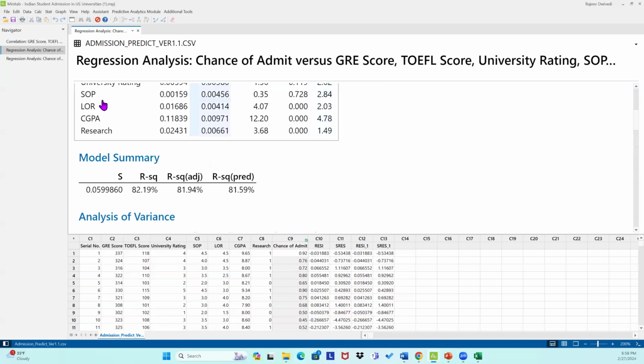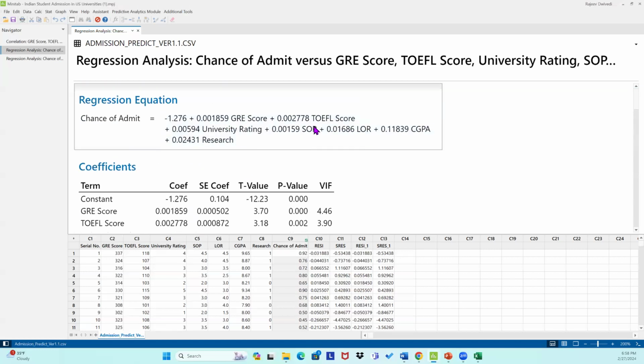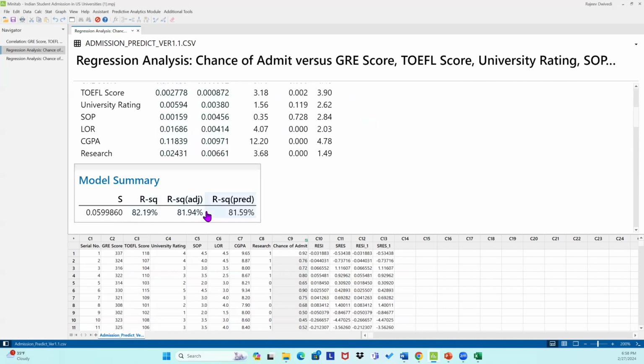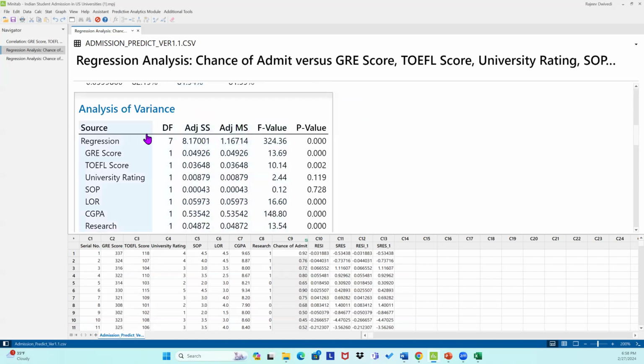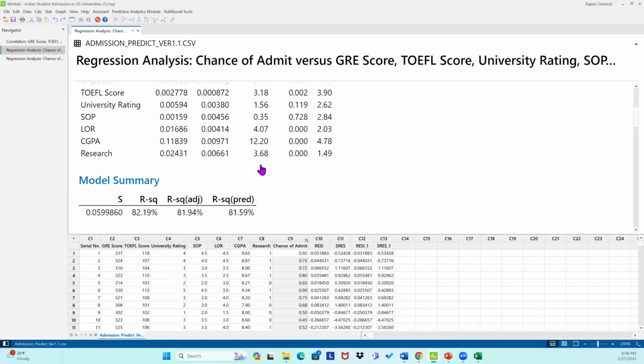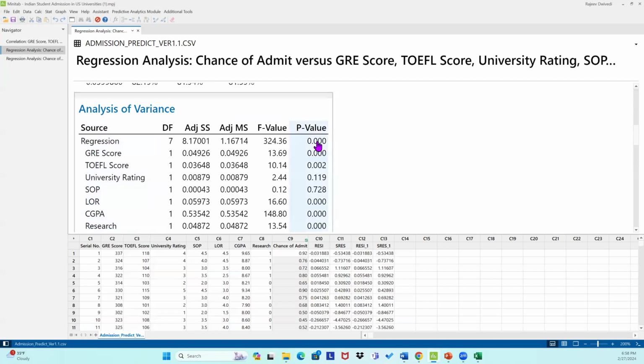So here you see this is R square and adjusted R square. Now look into this. This is regression. Whether our complete regression is valid or not, you can see using this p-value again. The null hypothesis is that regression is useless, and the alternative is that regression is useful.